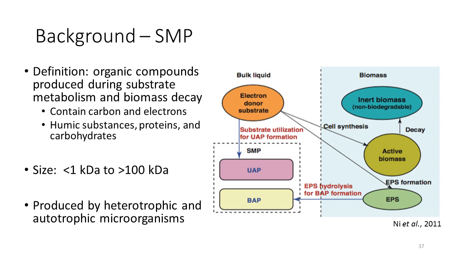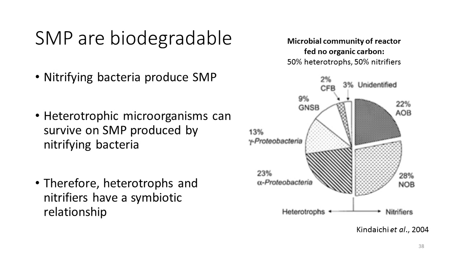The autotrophic microorganism we've been focusing on this whole presentation is nitrifiers, which use ammonia as their electron donor and carbonate as their carbon source. And the key property of SMPs is that they are biodegradable, and that the SMPs produced by nitrifiers can be used as a carbon source by heterotrophic bacteria.